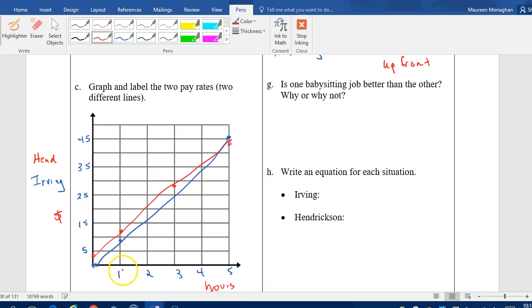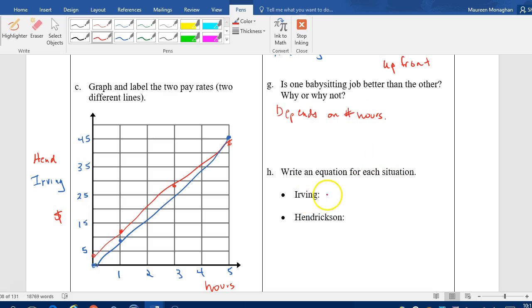Okay? But look at hour 1. Hour 1 for Henriksen, you're going to get $12. But for Irving, you're only going to get $9. So it just depends on the number of hours you're going to babysit. Depends on number of hours as to who is better.